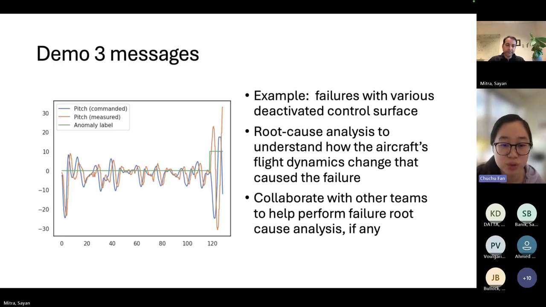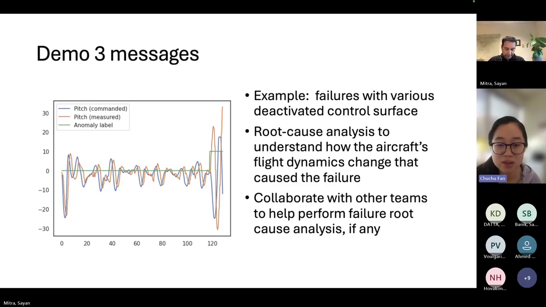Then we can do what we call inverse inference, based on a Bayesian inverse optimization method, to understand which of these factors in the high-dimensional latent space caused this observed failure, and that can help us perform root cause analysis.